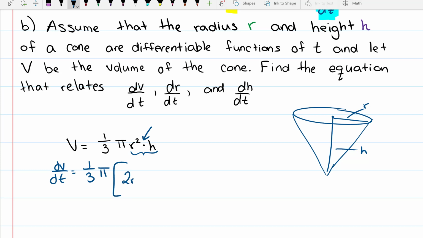So I get 2r dr/dt, because for the derivative of r squared with respect to t, you have to use the chain rule and implicit differentiation. And then the h comes down, plus r squared. The derivative of h is 1, and then using implicit differentiation, you get dh/dt.